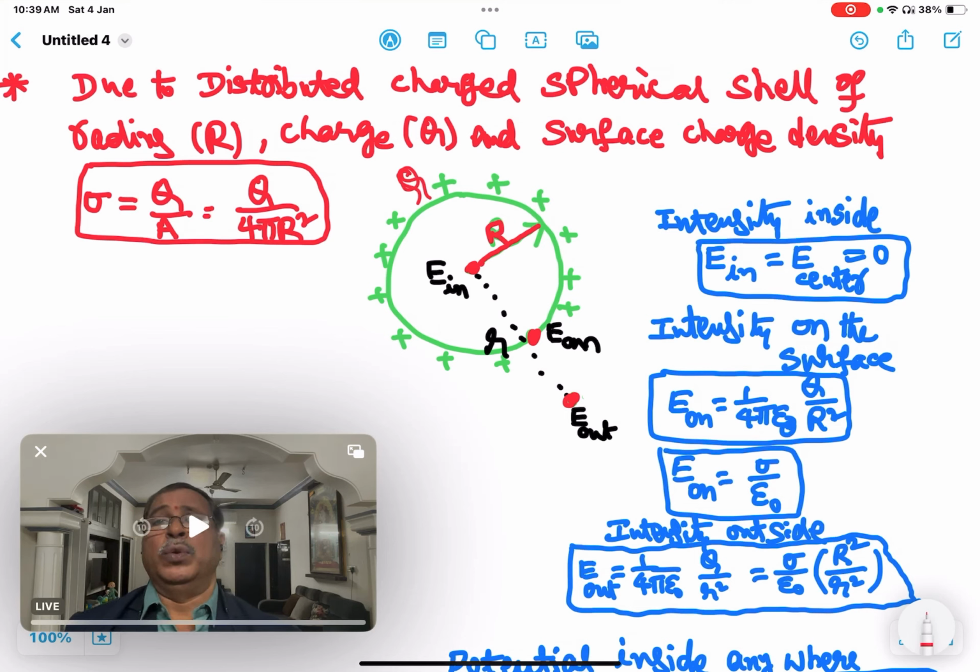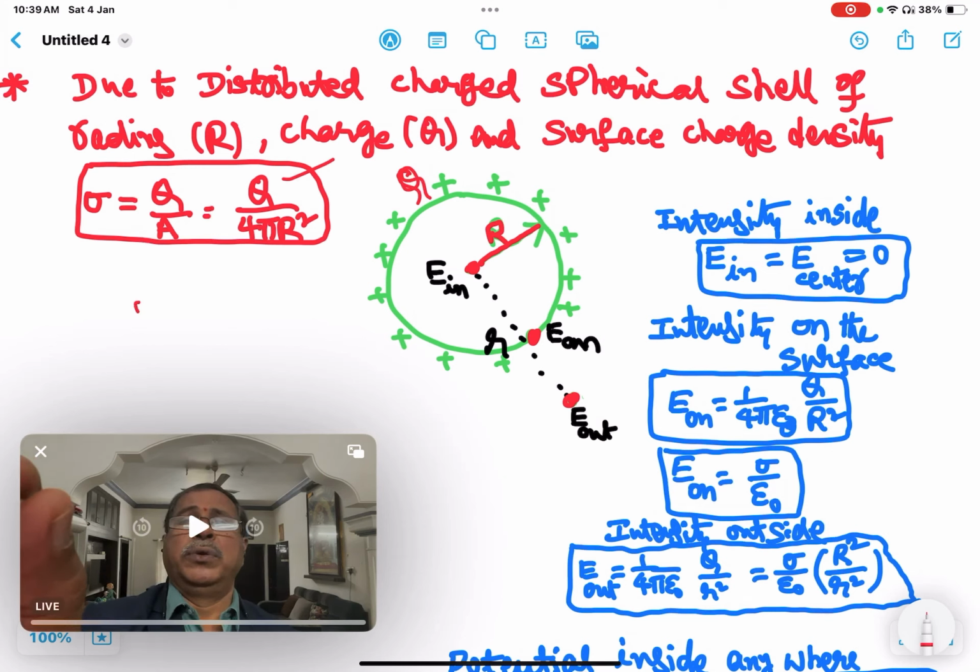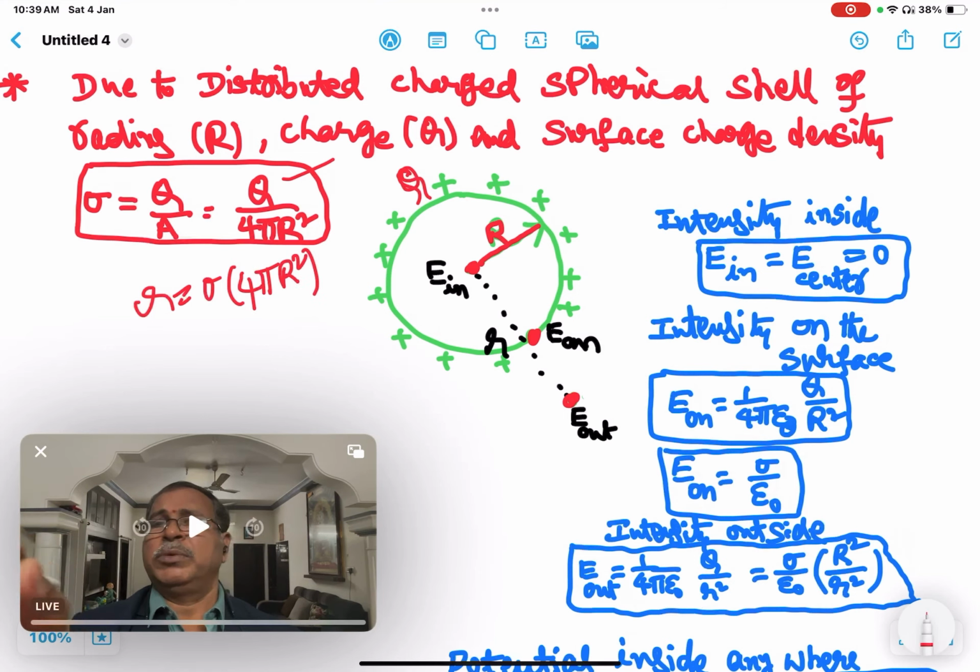And I have written sigma here, so q by 4 pi r square is the surface charge density. From that we can find the q value, then substitute here. So q is equal to sigma into 4 pi r square. Substitute that value in this formula, then you will get sigma by epsilon naught.